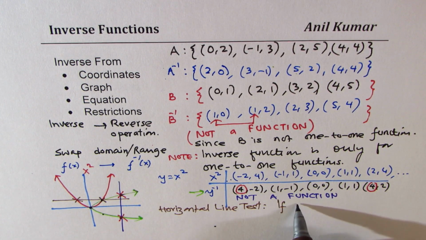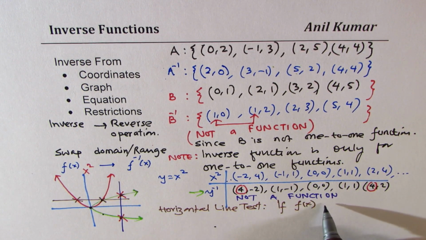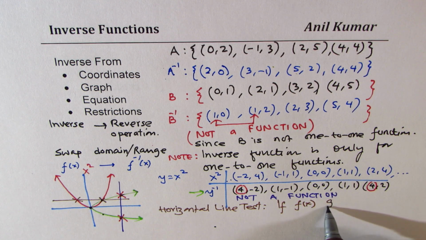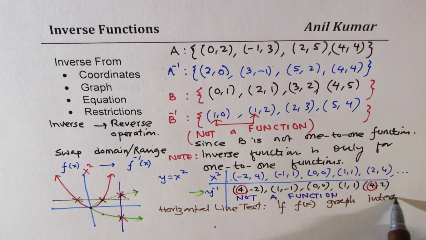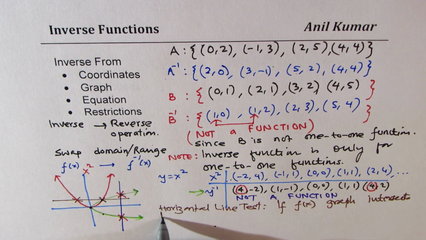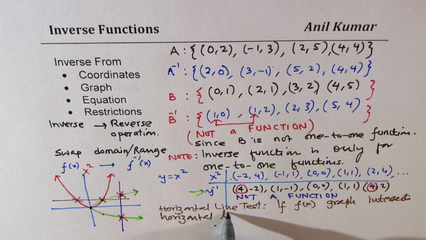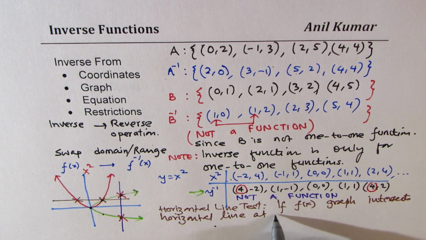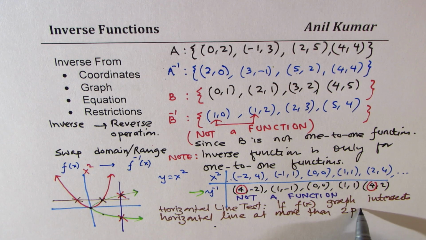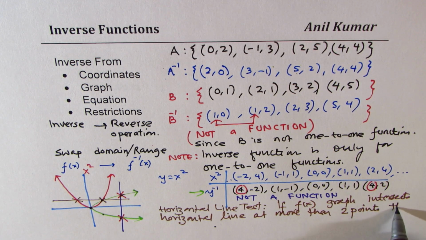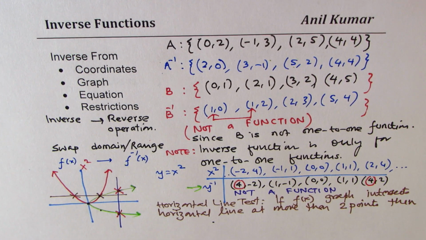So if the function f of x graph intersects a horizontal line at more than 1 point, then inverse is not a function, right?